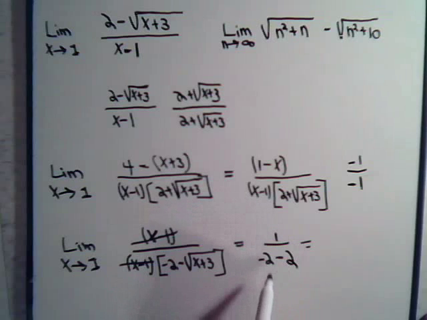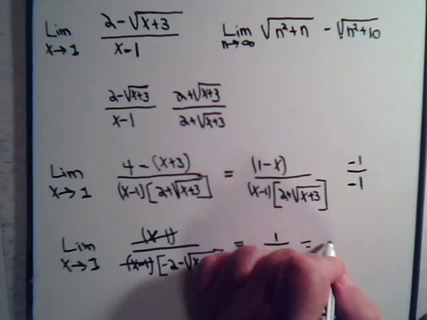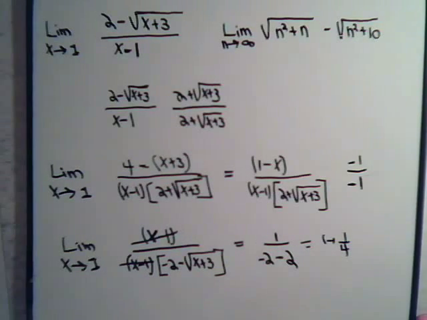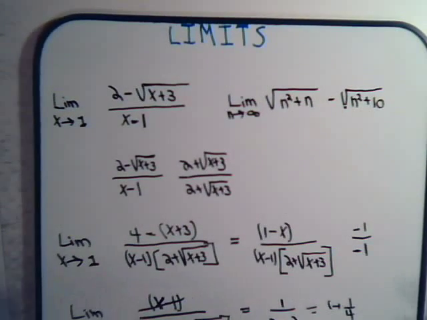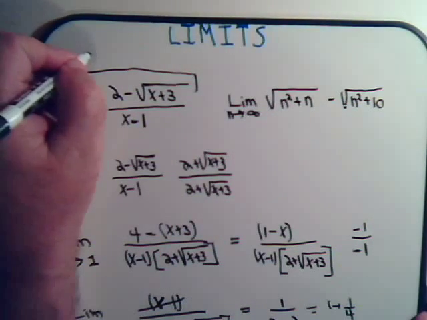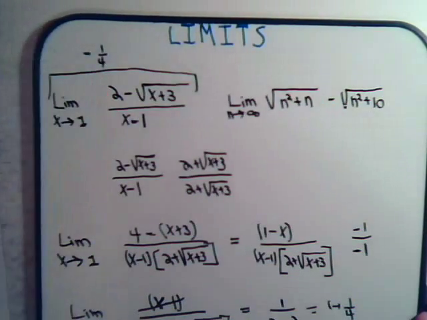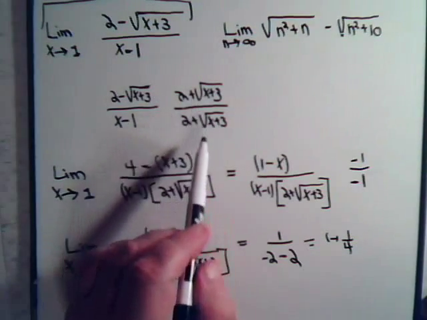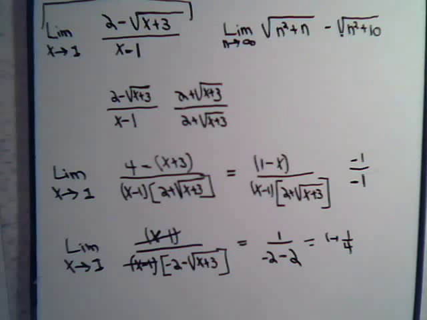So this would be negative 2 minus 2, which is negative 4, so that's minus 1/4. So this has a limit of negative 1/4. And again, if we hadn't gone through this step, it's very unlikely that we would have been able to solve for that. So that worked out pretty well.